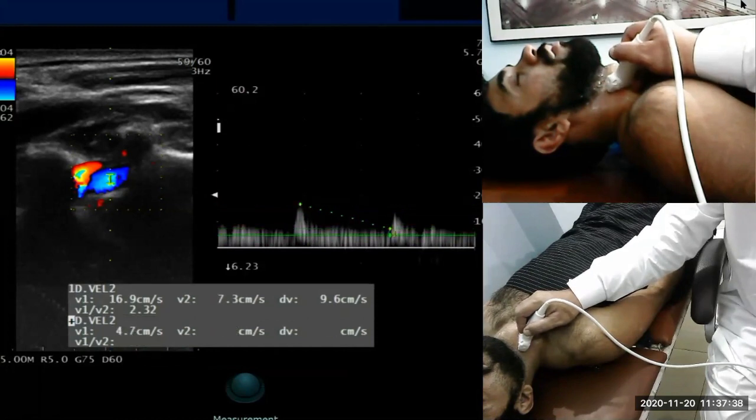So 16.9 divided by 7.3. So almost you can say 2.2 to 1 or maybe 2.1 to 1.